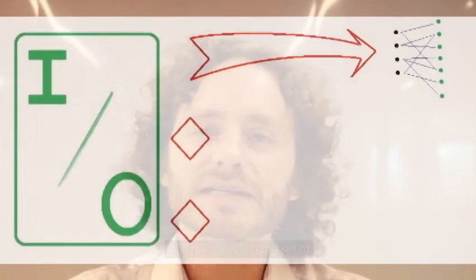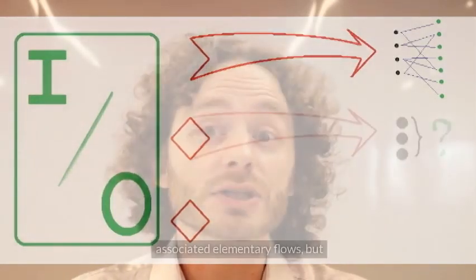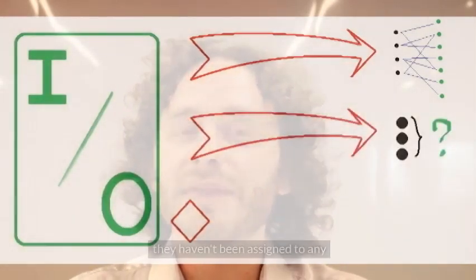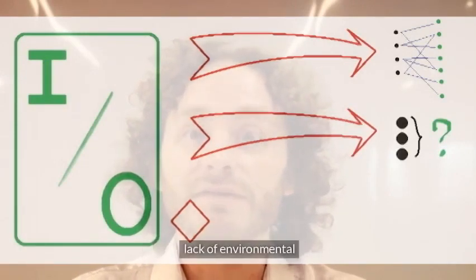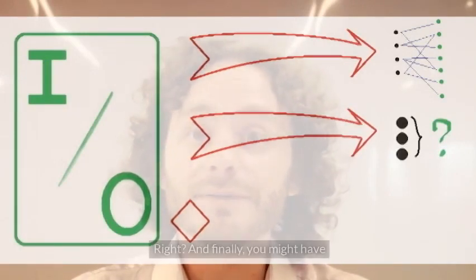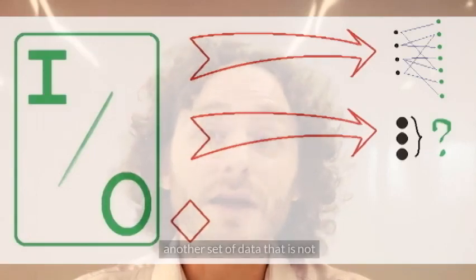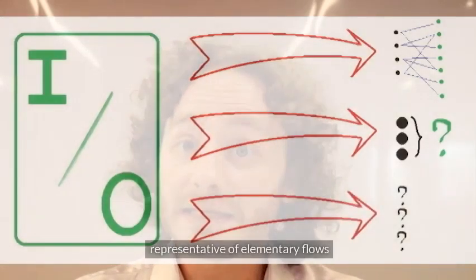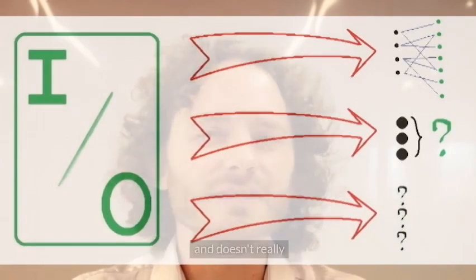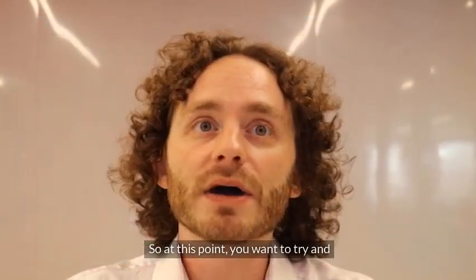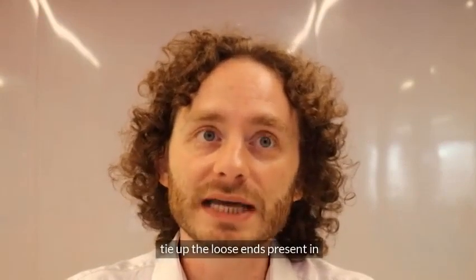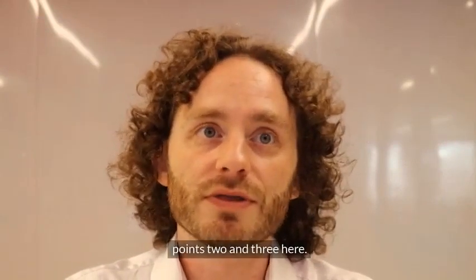You might also have a set of inventory results that have associated elementary flows, but they haven't been assigned to any impact categories, maybe due to a lack of environmental relevance or something, right? And finally, you might have another set of data that is not representative of elementary flows and doesn't really fit in anywhere else. So at this point, you might want to try and tie up the loose ends present in points 2 and 3 here.